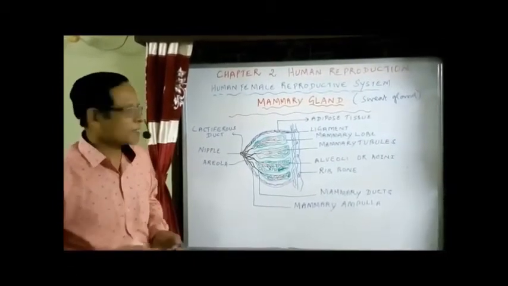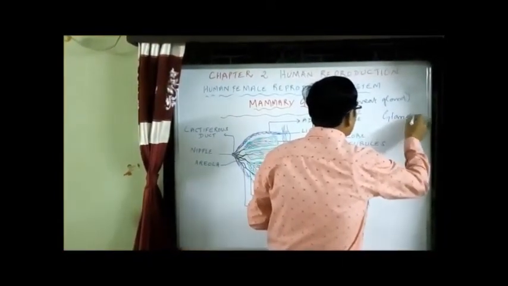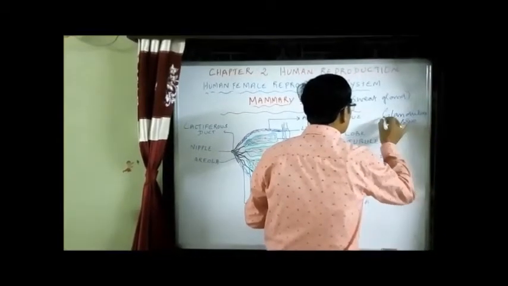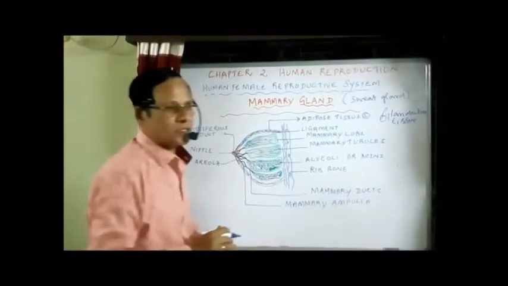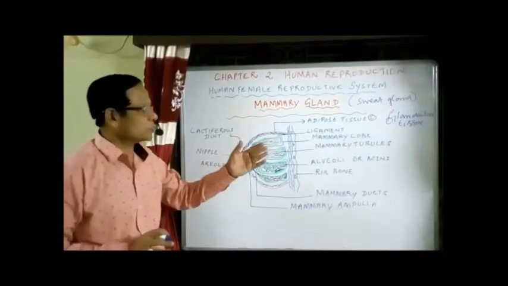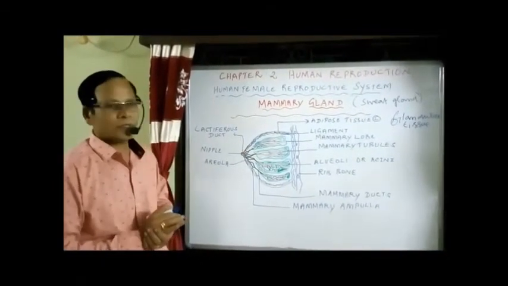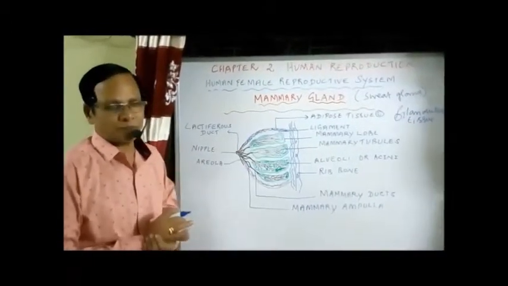One is the glandular tissue, concerned with the secretion of milk, made up of epithelial cells. Another is the adipose tissue, nothing but fatty tissue.